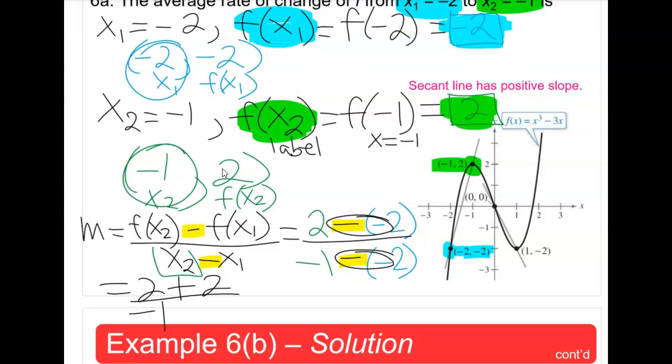And then on the bottom I will have -1 plus 2. So this is going to equal 4/1. So the slope is 4/1, or just simply 4. And you can see how the slope happens to be positive. The reason the slope is positive is because the graph is increasing, which was one of the questions that we answered previously.